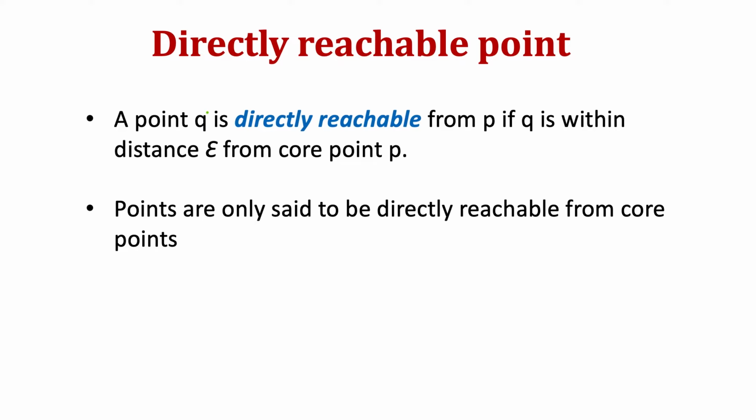First, let's understand what a directly reachable point is. If we have a point P and a point Q, then Q is directly reachable from P if P is a core point.